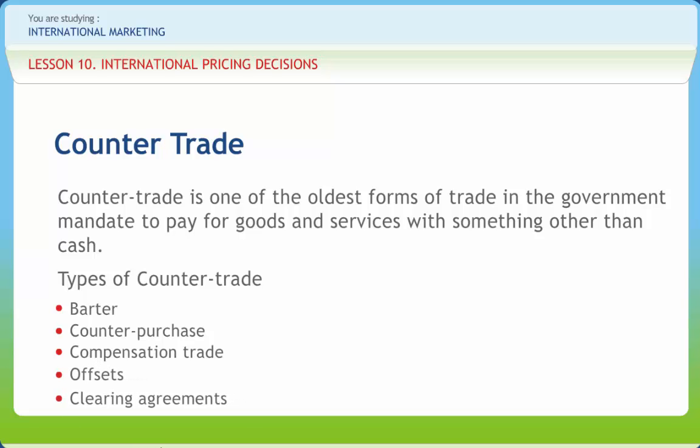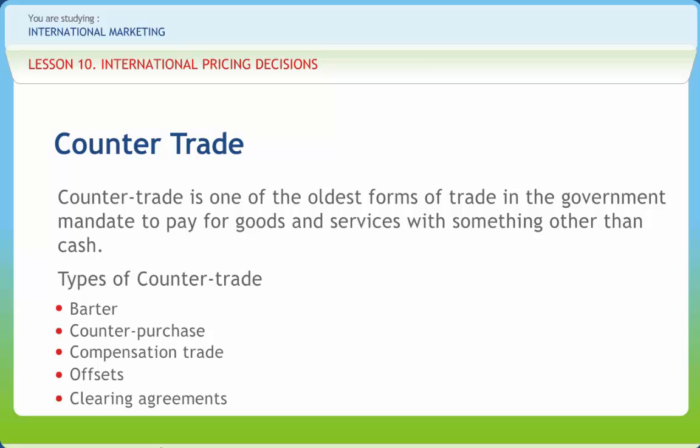Barter is the simplest of many types of counter trades. It is a one-time direct and simultaneous exchange of products of equal value. Counter purchase occurs when there are two contracts or a set of parallel cash sale agreements, each paid in cash. A compensation trade requires a company to provide machinery, factories, or technology and to buy products made from this machinery over an agreed-on period.